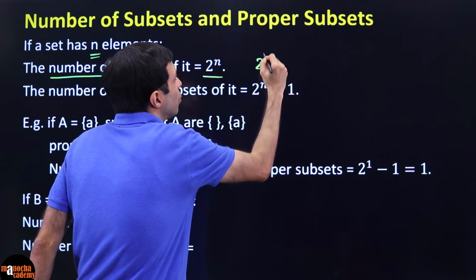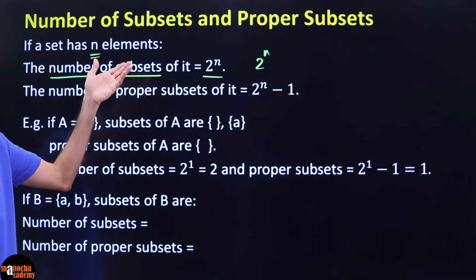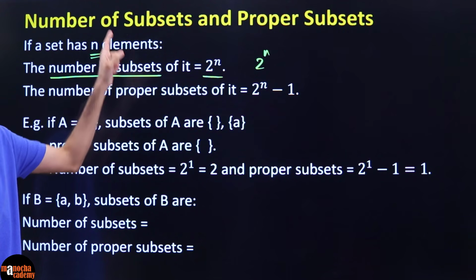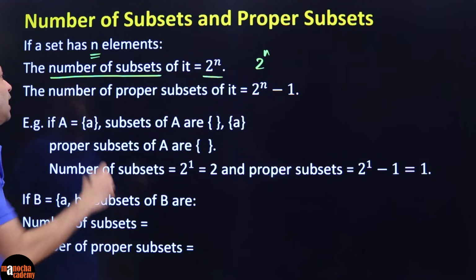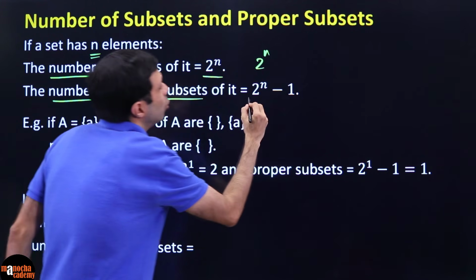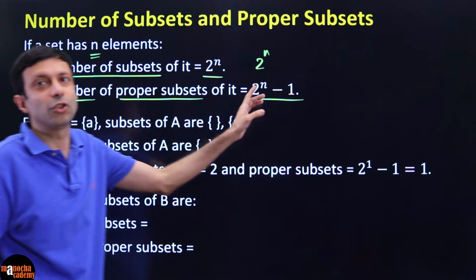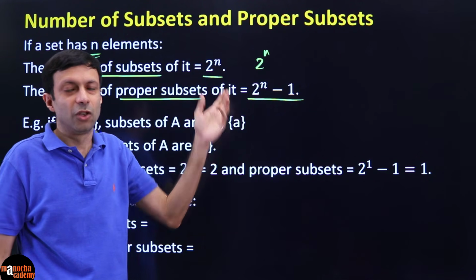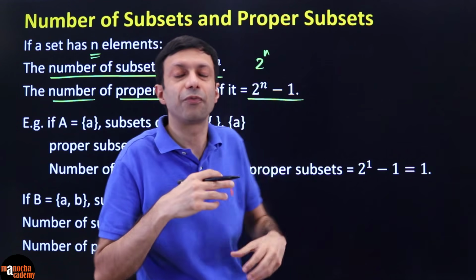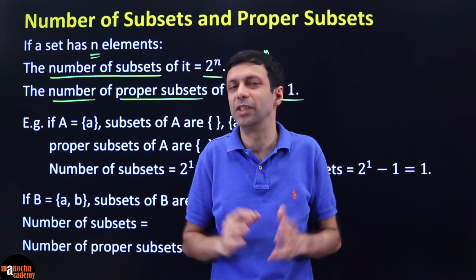This means 2 times 2 times 2, n times, where n is the number of elements. That is the number of subsets of the set. And the number of proper subsets that you can make is 2 to the power n minus 1. Why minus 1? Because you cannot include the set itself. So basically it's asking how many subsets or proper subsets you can make from a given set.